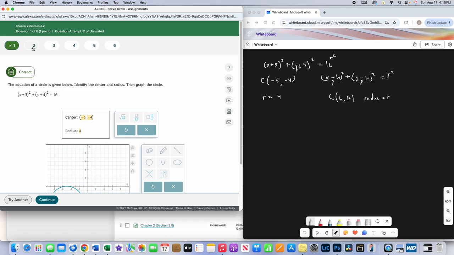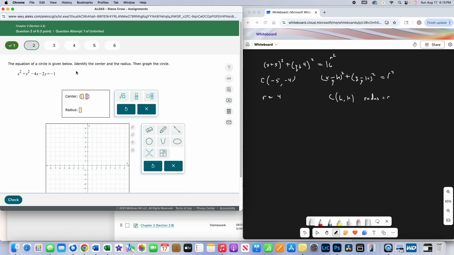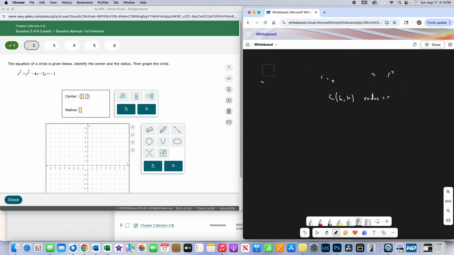All right, so now let's come over here and do the next example. We're going to have to do a little more work on this one. Let's erase this so we'll have some room to write. All right, so let's go ahead and write our problem down.